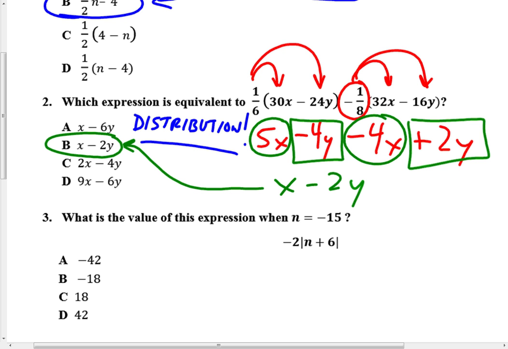Take a look. You tell me what you did wrong. That's what's going to get you credit for these corrections. Was it that you had no clue? Did you do distribution but you messed up with a positive and negative? Tell me that. Write out a little sentence or a little phrase. Is that fixable? Yes. If you are having trouble putting things in your calculator, come and see me.